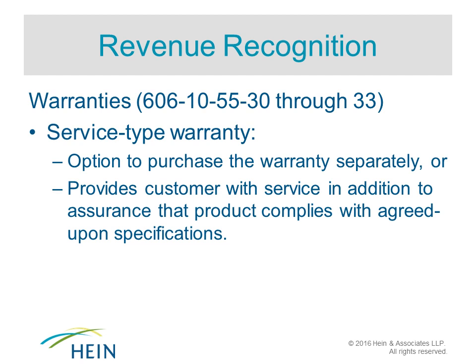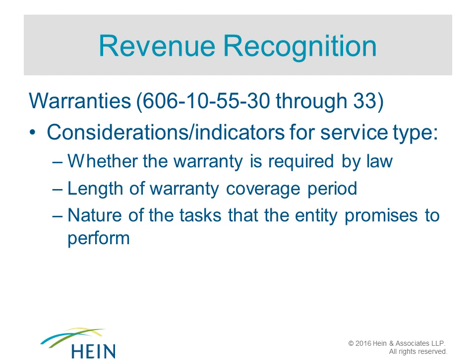Then it also provides the customer with service in addition to assurance that the product complies with agreed upon specifications. So some of the considerations and indicators for a service type warranty are whether the warranty is required by law, the length of the warranty coverage period, and then the nature of the tasks that the entity promises to perform.